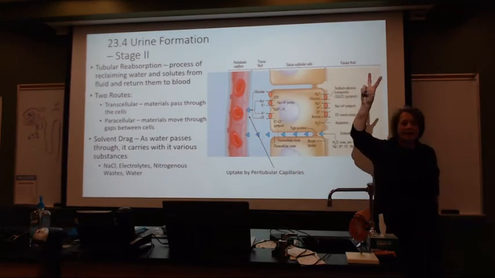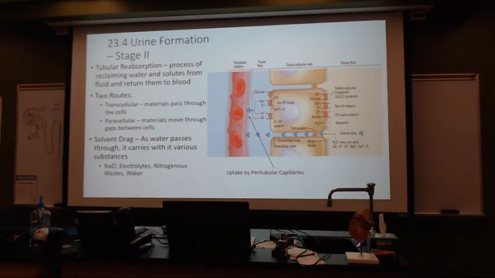There are two ways that this can happen based on the cellular structure that's present. The first way can be transcellular. Trans, across the cell. Paracellular, around, that means between the cells.